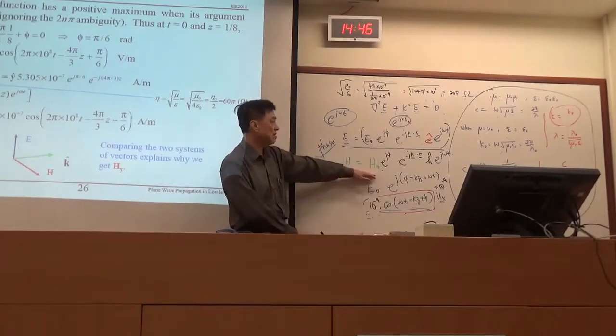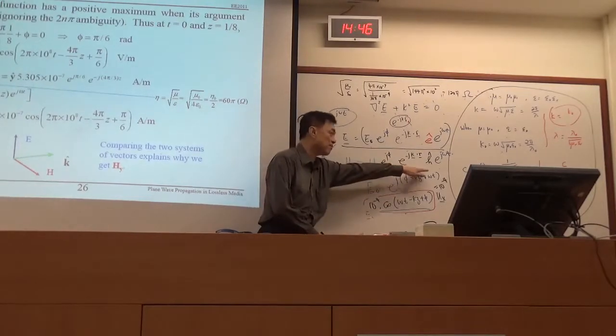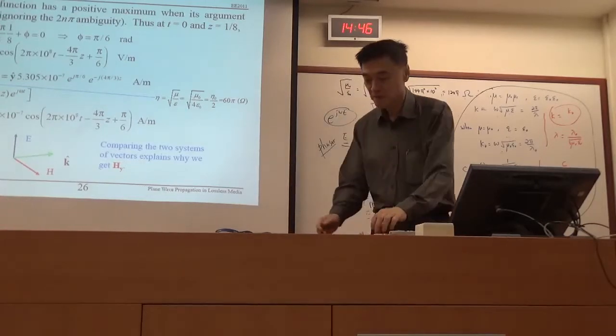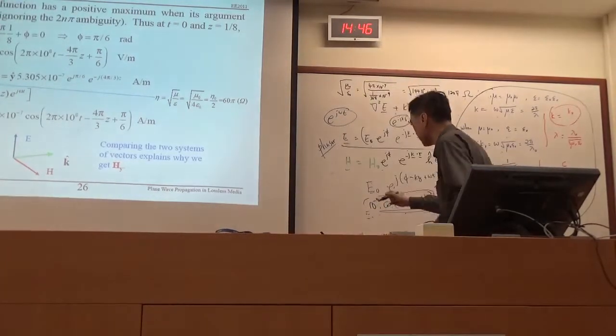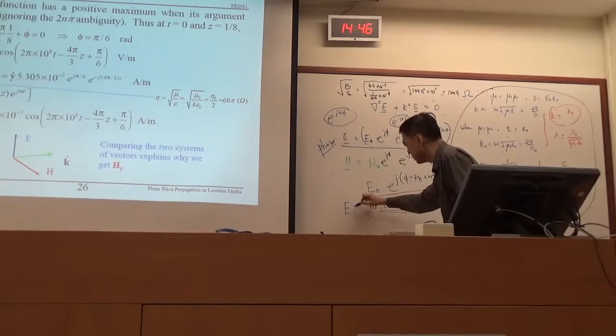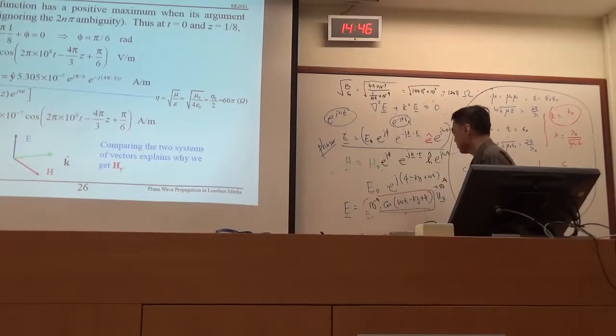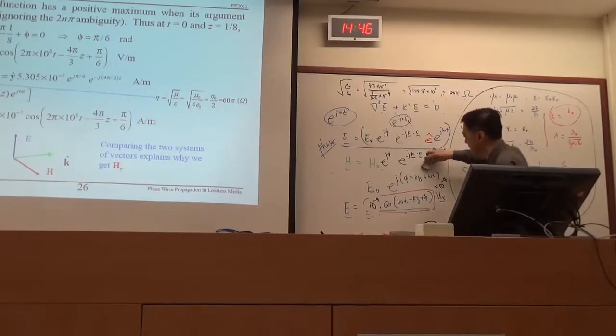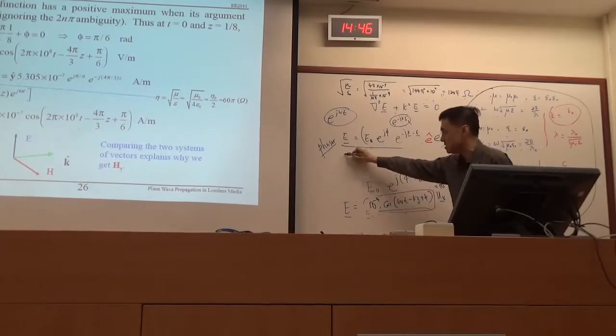H equal to H naught must have the same form, everything must have the same. If this is my E, and everything must be the same, what does it mean? All the propagation must be the same. Where is my H?